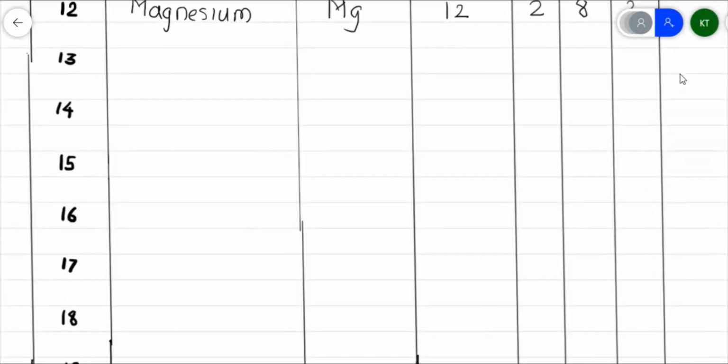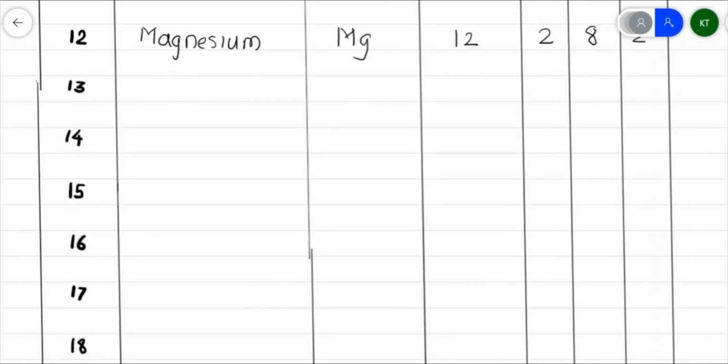Now the next element is aluminium. The symbol is Al. Atomic number is 13. First shell 2, second shell 8, so 2 plus 8 is 10, and 13 minus 10 is 3.